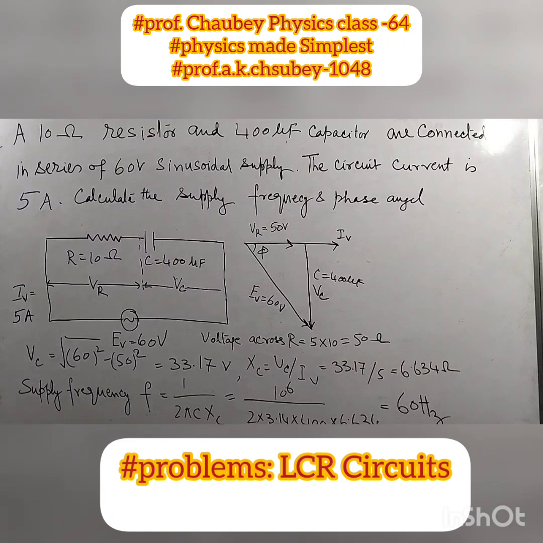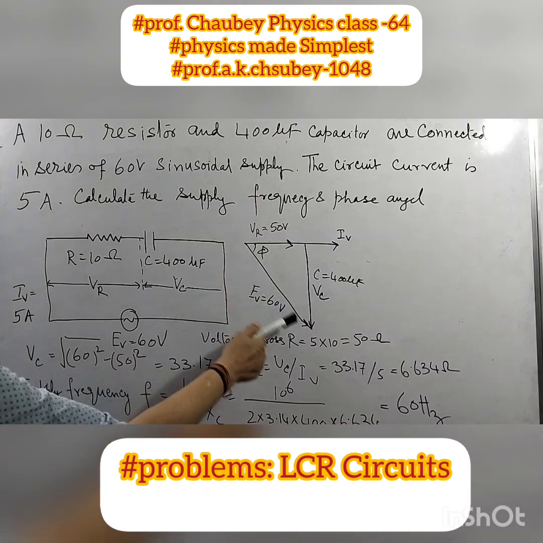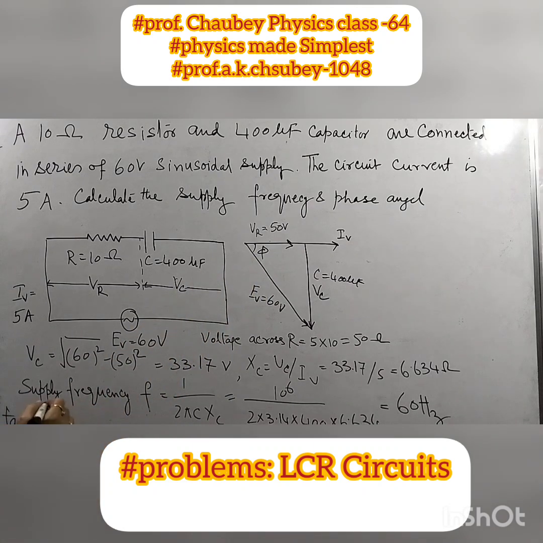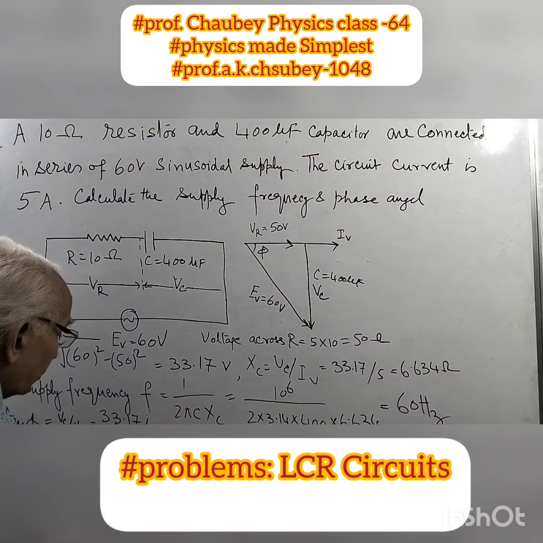Now what else? Phi, the phase angle. From the power factor you can get that. Tan phi from the triangle here is VC over VR. Tan phi is VC over VR, equal to 33.17 upon 50.